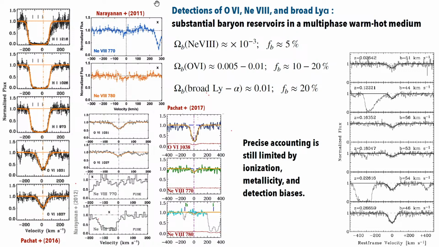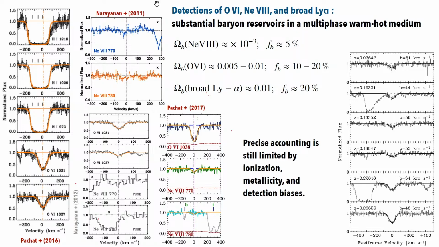So this is a slightly crowded slide, but I want to put together a lot of things in one slide. From our side, we have been trying to go after these exotic neon 8 and oxygen 6 absorption lines that are tracers of the WHIM and hot gas associated with the CGM. These are from different papers led by students of IIST.